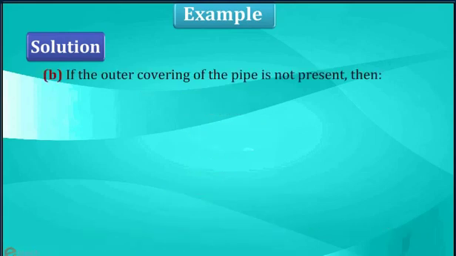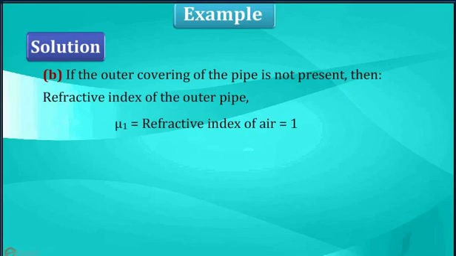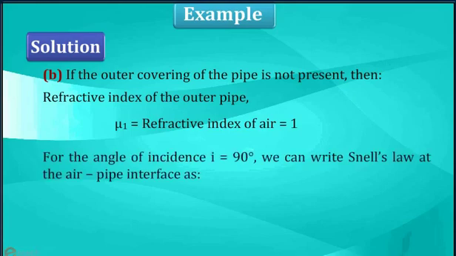If the outer covering of the pipe is not present, then refractive index of the outer medium is mu1, which equals 1. For the angle of incidence I is equal to 90 degree, we can write Snell's law at the air pipe interface as sin I by sin R equals mu2, which equals 1.68.